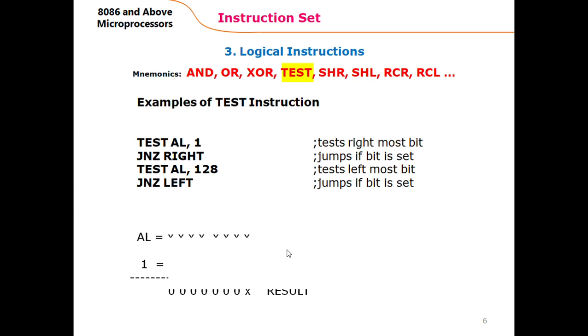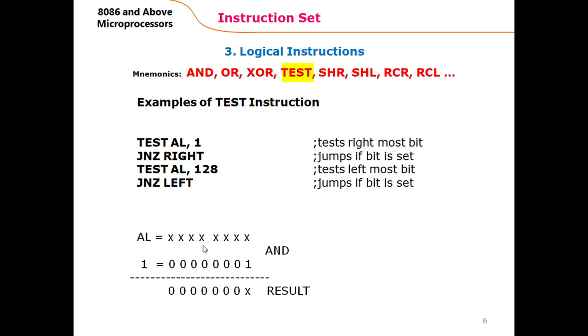And it happens like this. The 8-bit value, we are not sure about the 8-bit value, so we just represent it with 8 x's. And as I said earlier, the test instruction performs an AND operation, but the result is not stored, it only affects the flag bits. And 1 in decimal is equal to 00000001 in binary.